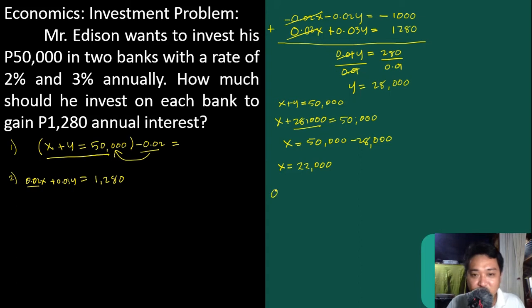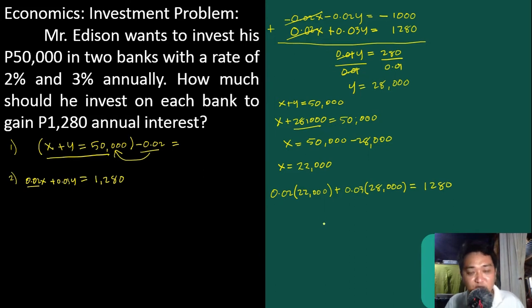We have 0.02 times 22,000 plus 0.03, that is the same as 3%, ano? 0.02, 2% yan. 0.03, 3% yan. Ganun po. Times the value of y, which is 28,000. That should be equivalent to 1,280.